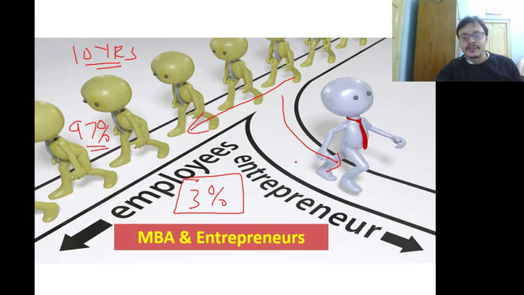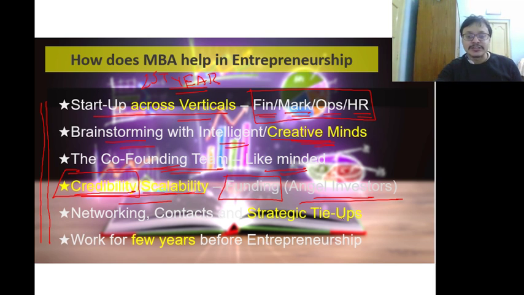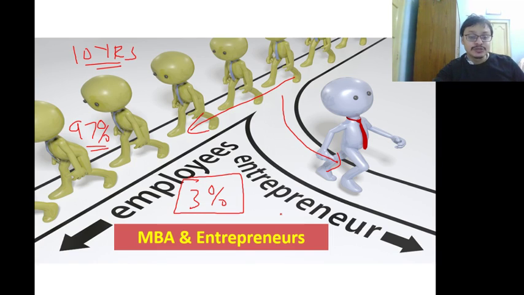You are an entrepreneur who will be struggling for tie-ups, struggling for contacts, struggling for the first orders and sales. And that is when this 97%, who will be in key leadership positions in various organizations, will help you generate the first sales.